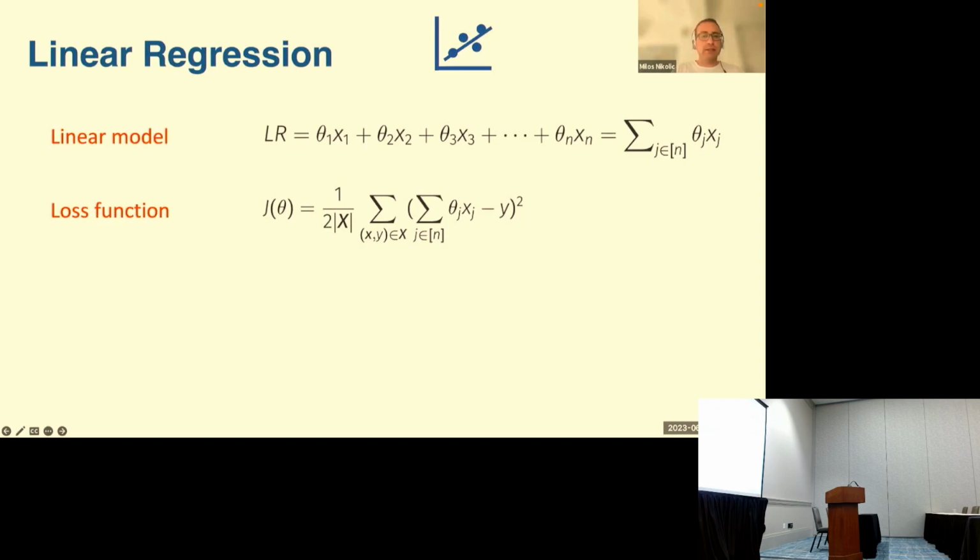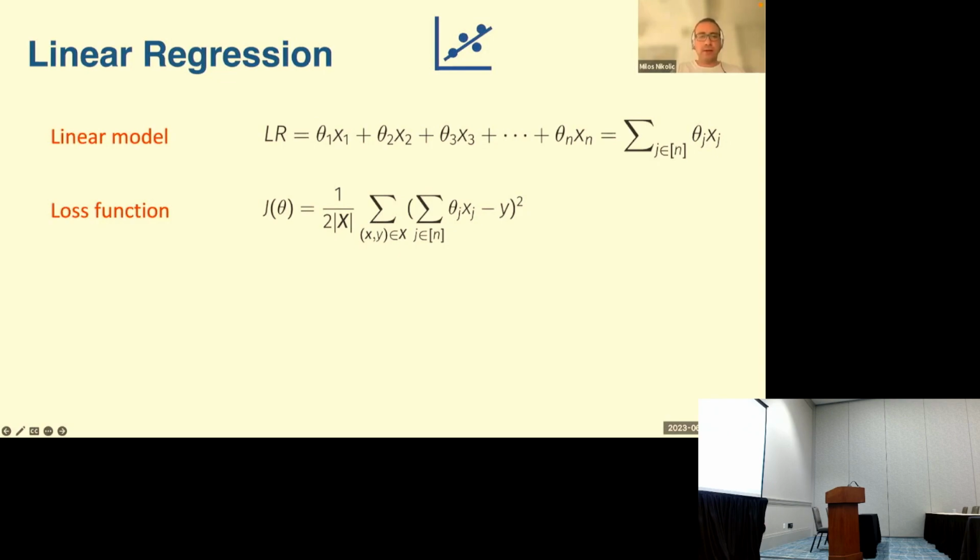Now, to learn this function, we need to find the parameters that minimize the least square error. Now, for each sample in the data set, we need to compute the squared error between the prediction for that sample using our model and its label or the quantity associated with that sample. And the aim is to find the parameters that minimize the sum of all these errors.